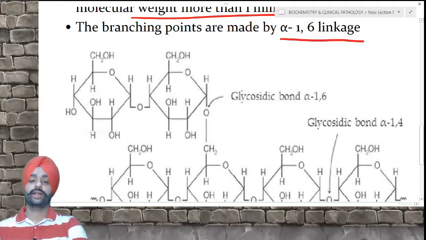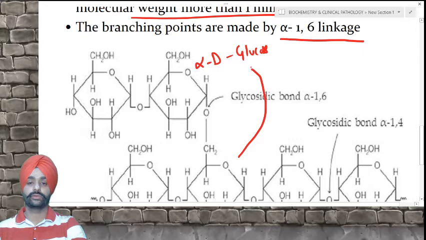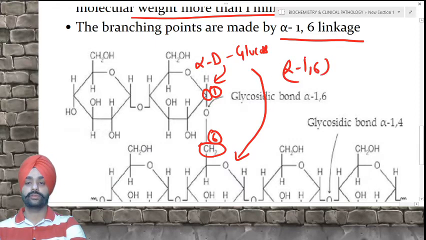The branching is alpha 1,6. You can see here, this is an alpha D-glucose and this is another alpha D-glucose. This is the first carbon and this is the sixth carbon, so the linkage is alpha 1,6 in amylopectin.